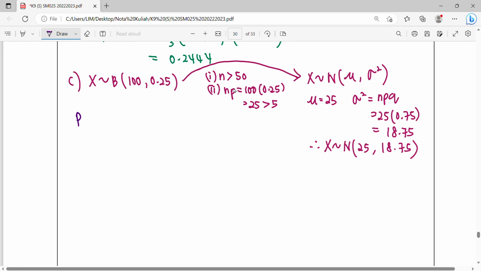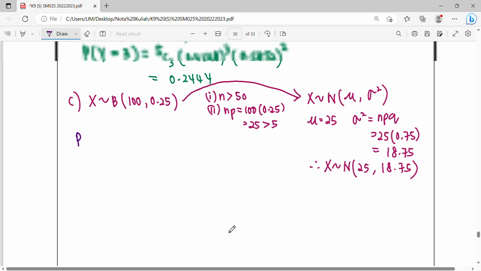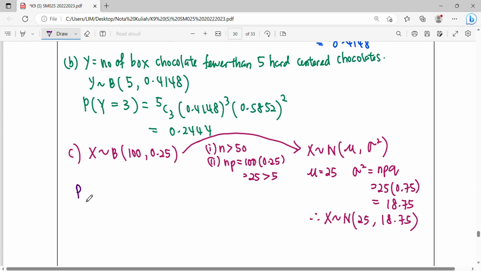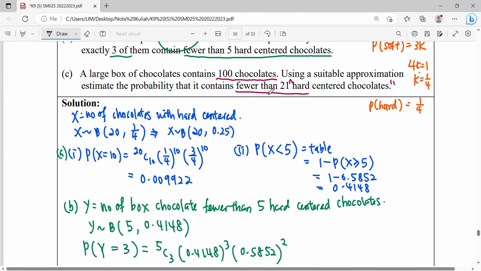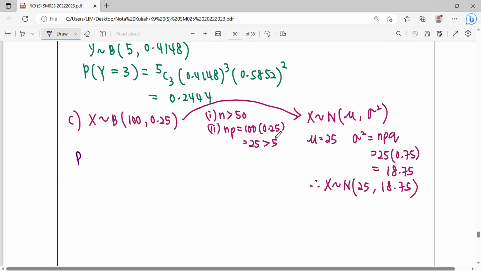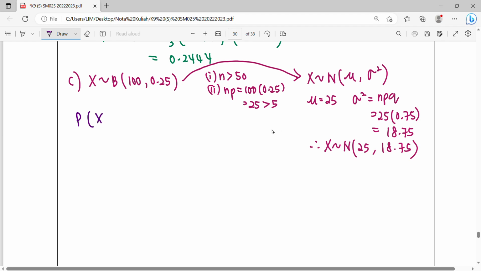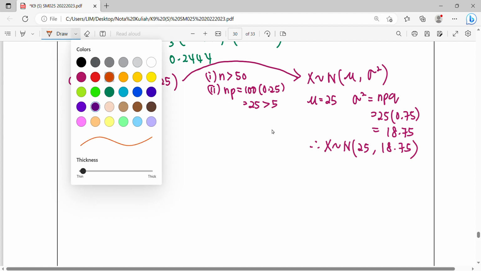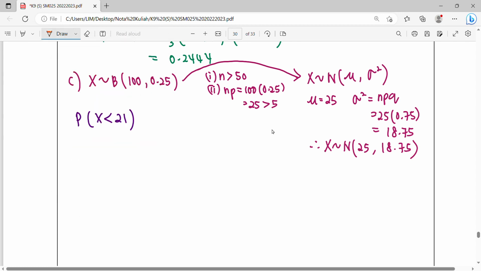Back to the question. How many chocolates here? Probability stands for P. X fewer than 21, so X less than 21. Then we figure out the status of this X. It comes from the original binomial, right?